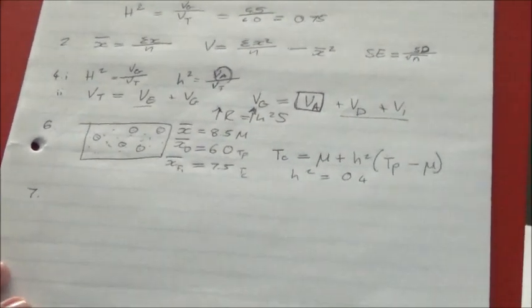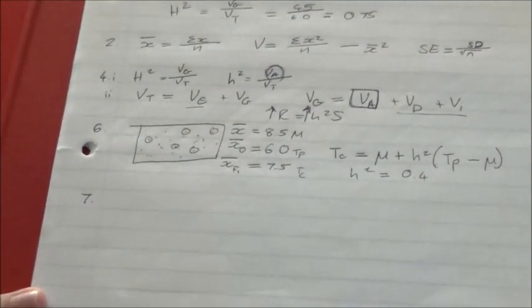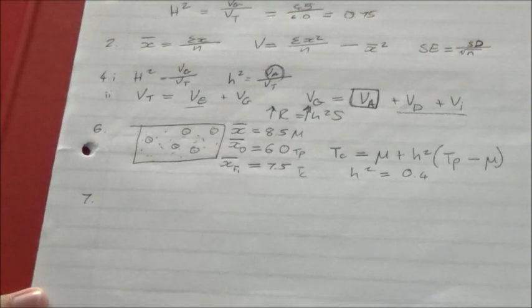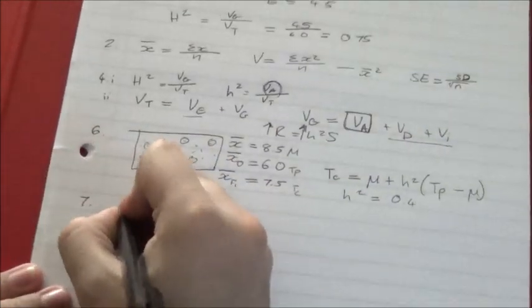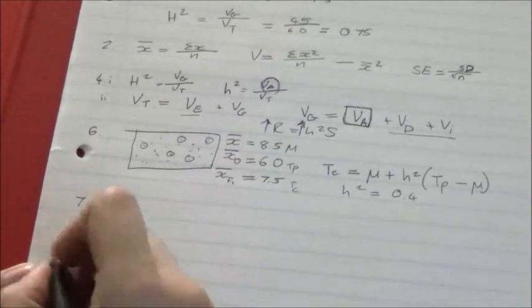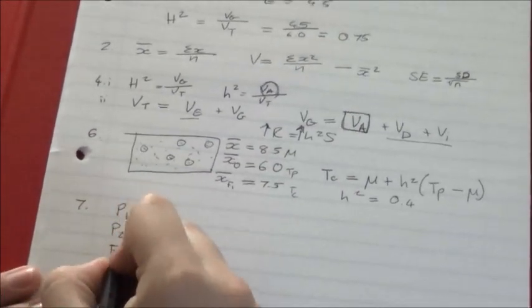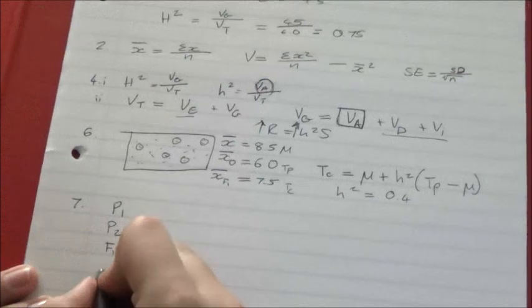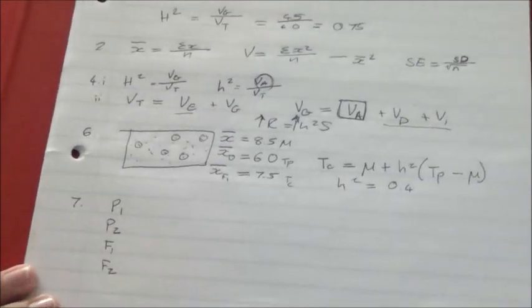Okay, so now our traits, they're just explaining that that is our corolla. And it gives us the variance values for a number of things. It gives us the variance values for our first parent, our second parent, the F1 generation, and the F2 generation.